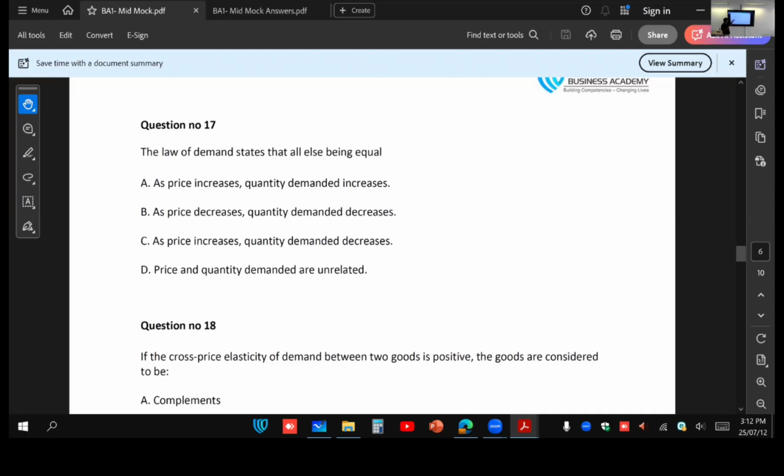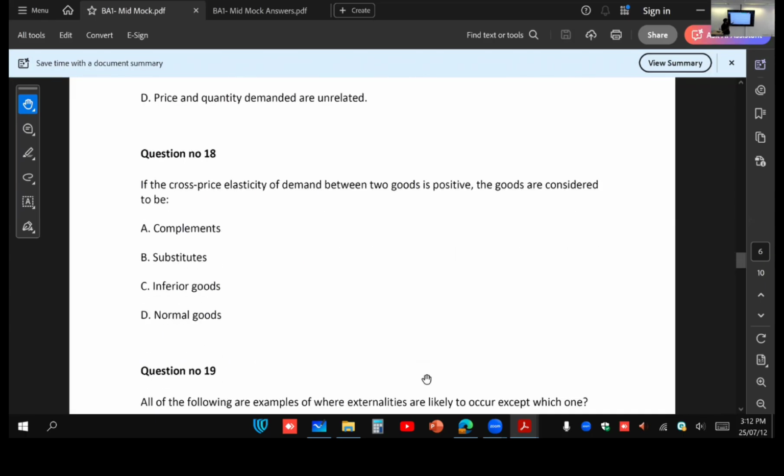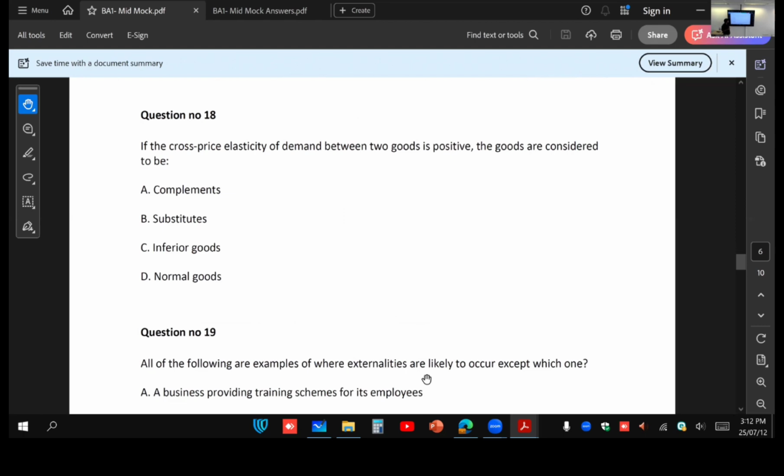If the cross price elasticity of demand between two goods is positive, the goods are considered to be... Good question. Cross price elasticity of demand between two goods is positive. What do you think?